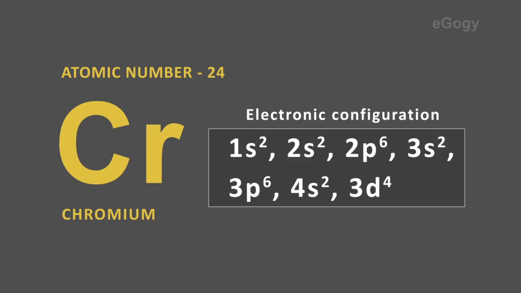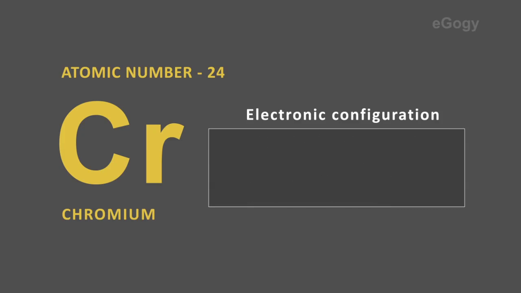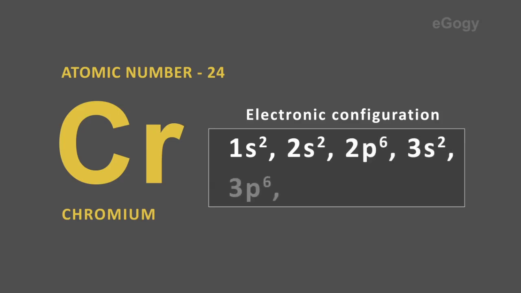But 3d5 is more stable than 3d4. One electron from 4s will go to 3d, and the real electronic configuration becomes 1s2, 2s2, 2p6, 3s2, 3p6, 4s1, 3d5.